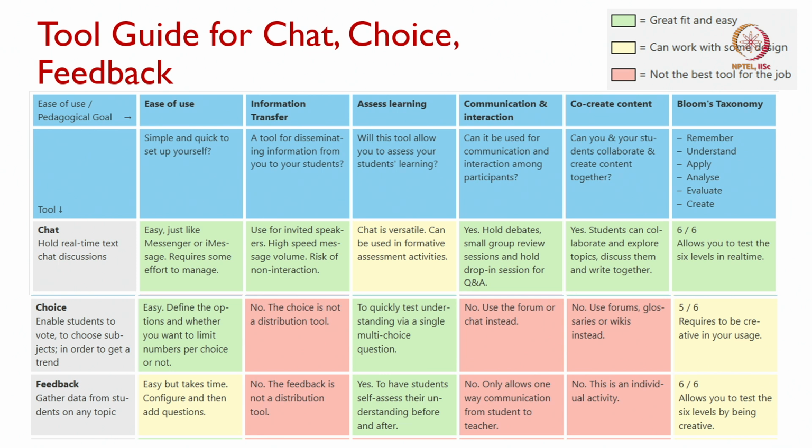You can see over here, out of 6, 5 cognitive processes can be achieved. It requires you to be creative in your usage. Okay, and feedback allows you to test the 6 levels of being creative. You have to be creative in creating this particular activity.